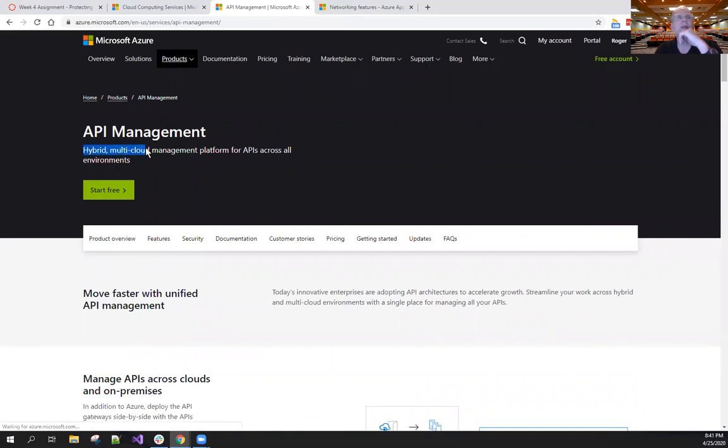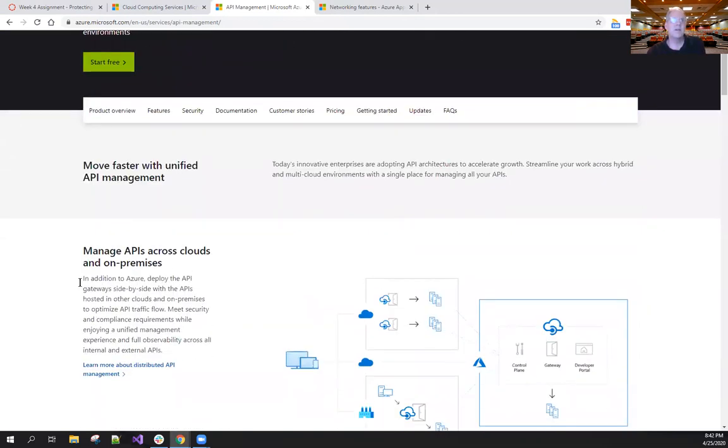See this hybrid multi-cloud management platform? That's pretty cool. When it says multi-cloud, it means Azure and Amazon Web Services, and Google Cloud Services. They're saying we can go across clouds, manage APIs across clouds. In addition to Azure, deploy the API gateway side by side.